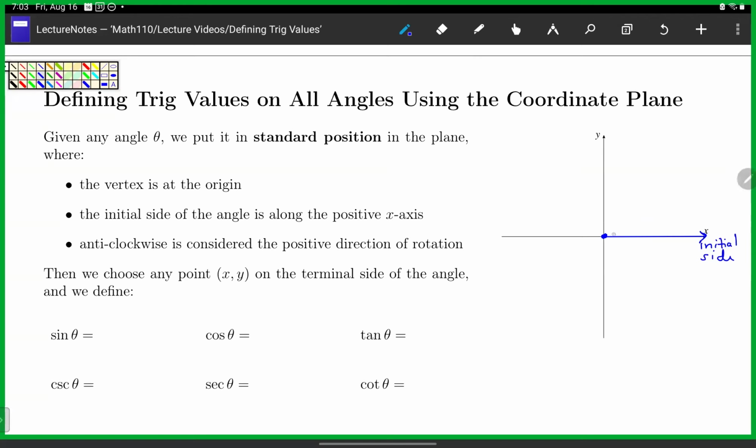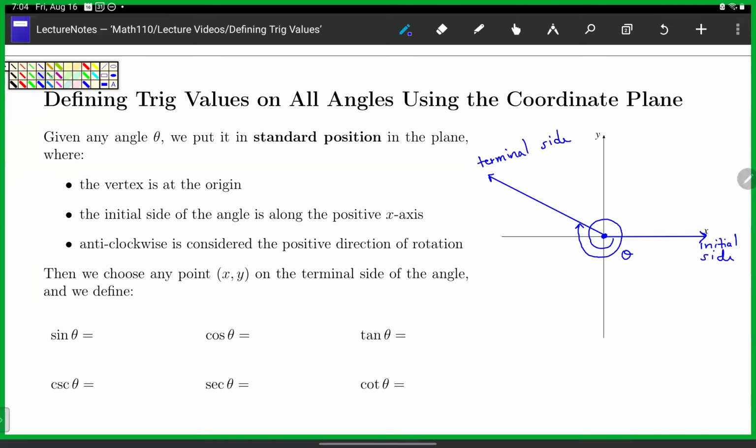So, given any angle theta, just for the sake of cuteness, I'm going to make a theta that goes in the negative direction and wraps around more than once and ends up with a terminal side here in the second quadrant. So that's going to be my theta. So here's the terminal side.